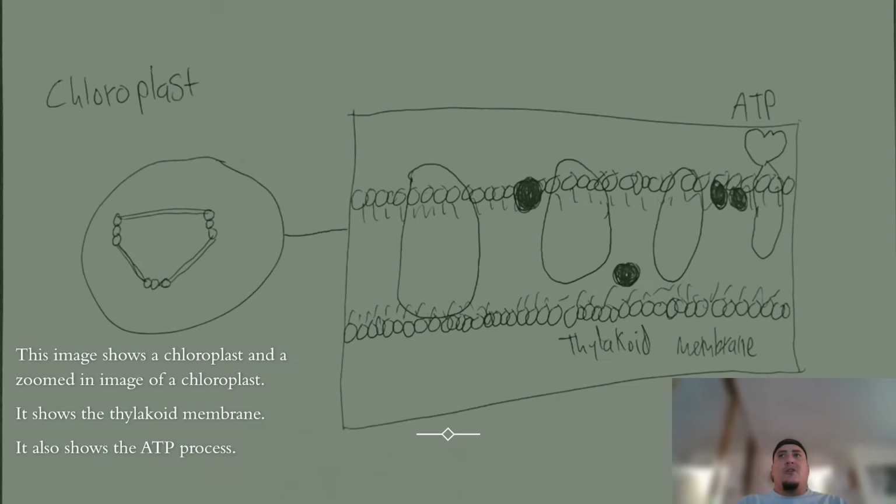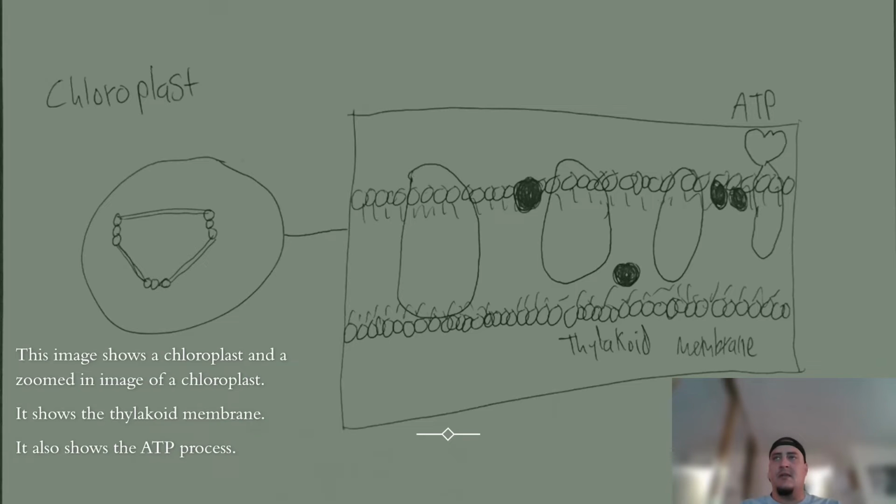This is the other picture I drew, showing the chloroplast. The left side, the circular part, is the chloroplast, and the line going across to the rectangle is a zoomed-in picture of the chloroplast. The drawing isn't that great, but I tried my hardest. Inside the chloroplast, you see the thylakoid membrane, which is in the top right corner and has a heart shape up top.